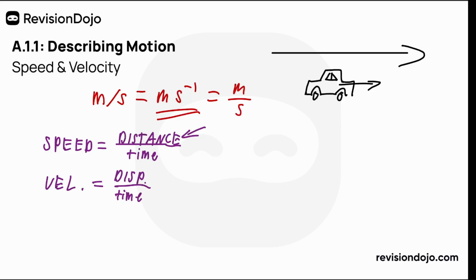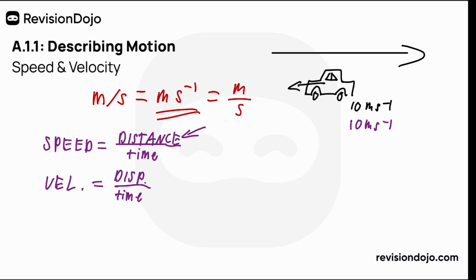If its velocity there is 10 meters per second in that direction, then its speed is also equal to 10 meters per second. However, let's suppose a car suddenly decides to stop. And it starts moving backwards.